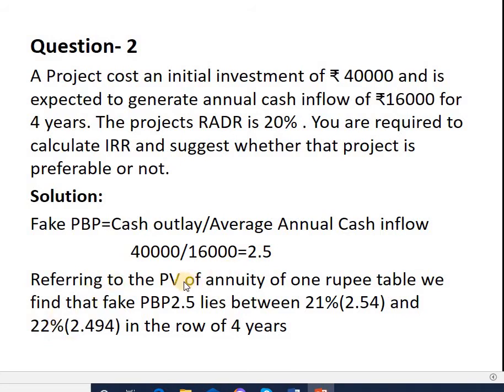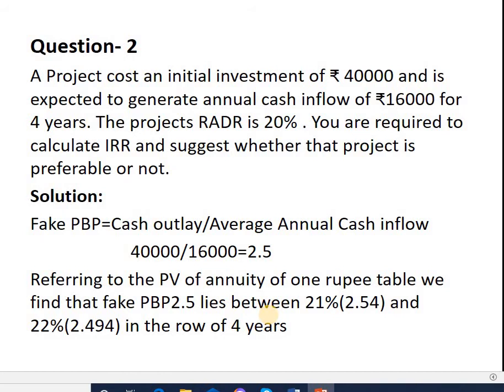Referring to the present value of annuity of 1 rupee table, we find which rates this fake payback of 2.5 lies between. At 21% we get 2.54 and at 22% we get 2.494.